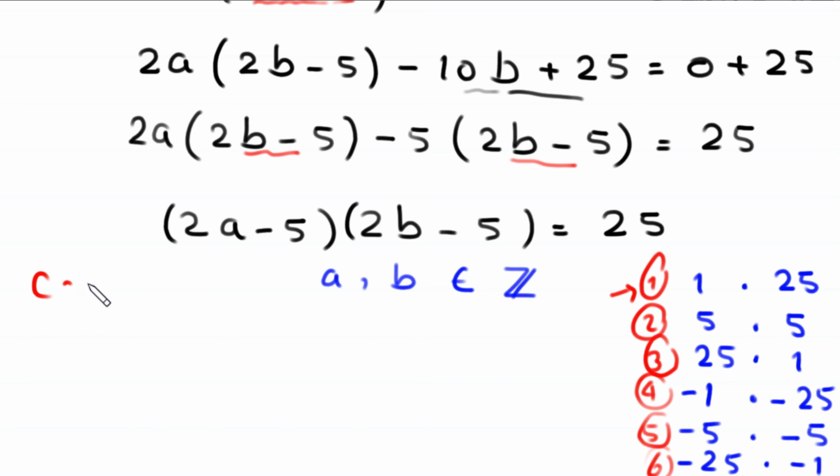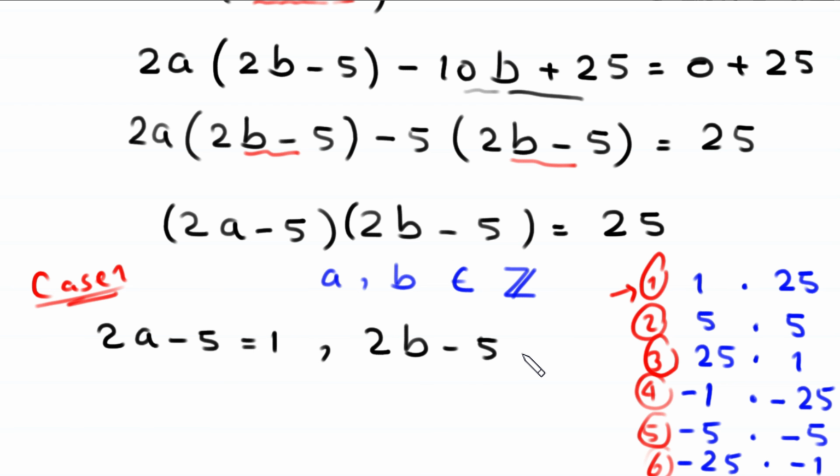In case number 1, we write this first factor 2a minus 5 equal to 1, and we write this second factor 2b minus 5 equal to 25. If we add 5 to both sides, we get 2a equal to 6, and dividing both sides by 2, we get a equal to 3.